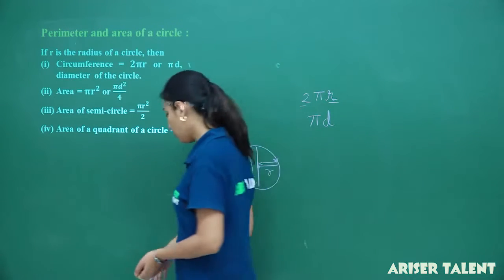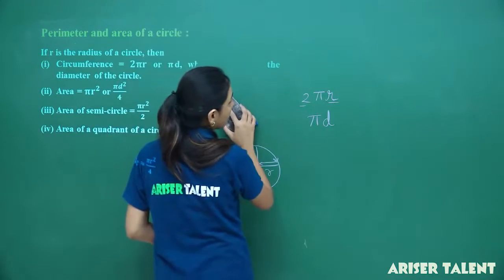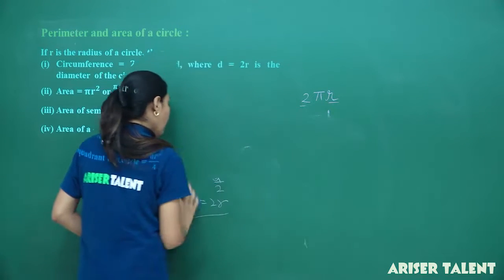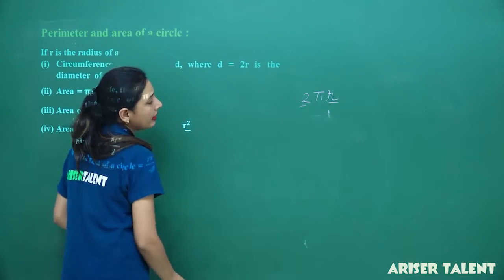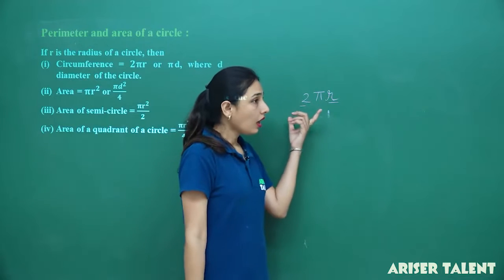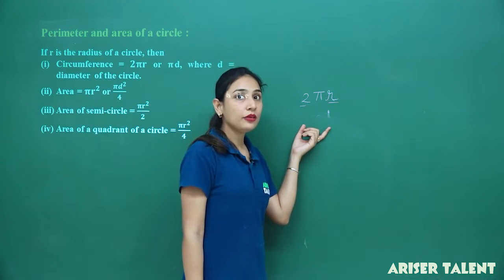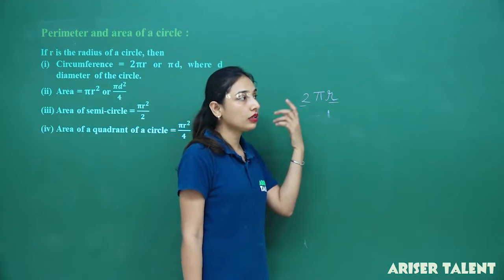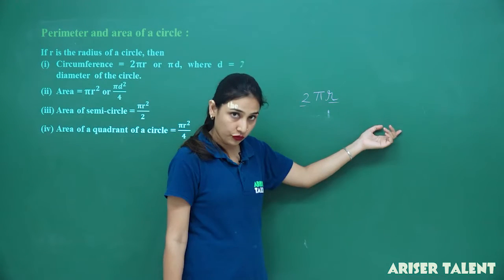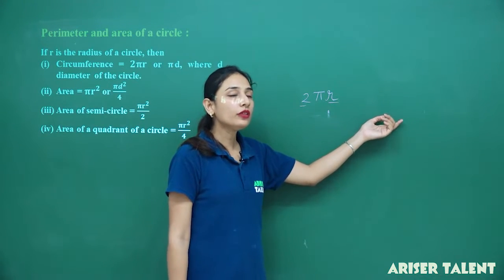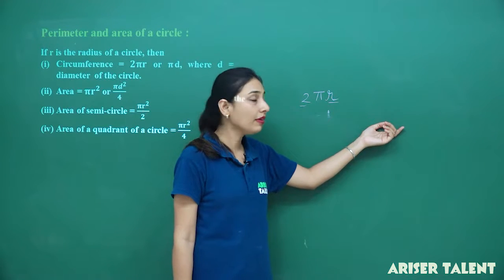Circumference again. So, students, what I am telling you is that you can have your perimeter as 2 pi r, and you can achieve your area of a circle with the help of the same. How?